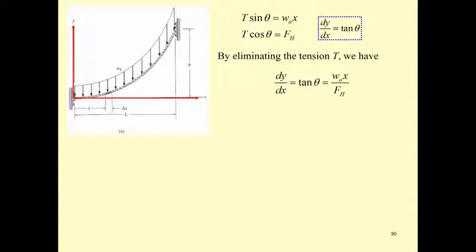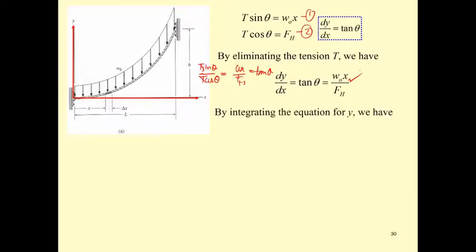If you put this one as the first equation and this one as the second equation, T sin θ divided by T cos θ is going to be w x divided by F sub H, and this is going to be tan θ.